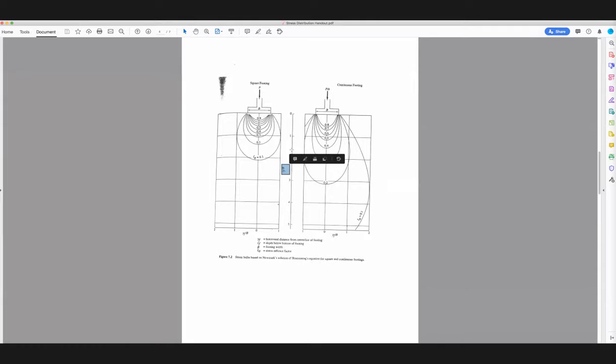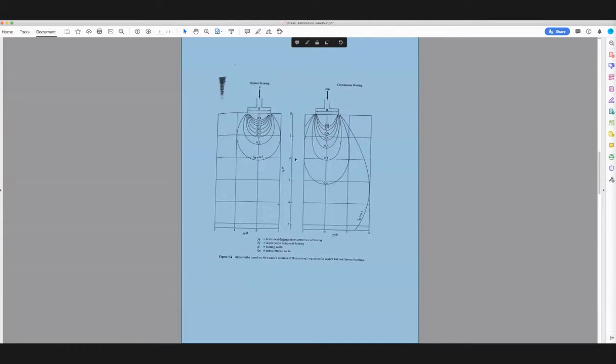Z divided by B. So if you're 2 widths below, or 2 diameters below, we could call it, you'd be down here at the 2. If you're 1.5, you'd be at this point, and you can be any number, of course. You can interpolate to any kind of number. I'm just picking some easy rounded numbers for discussion. When you arrive at a given point of interest, let's say right here where the cursor is, you're simply interpolating on a curvilinear scheme that is provided here, and where I'm pointing would be something like 0.26.